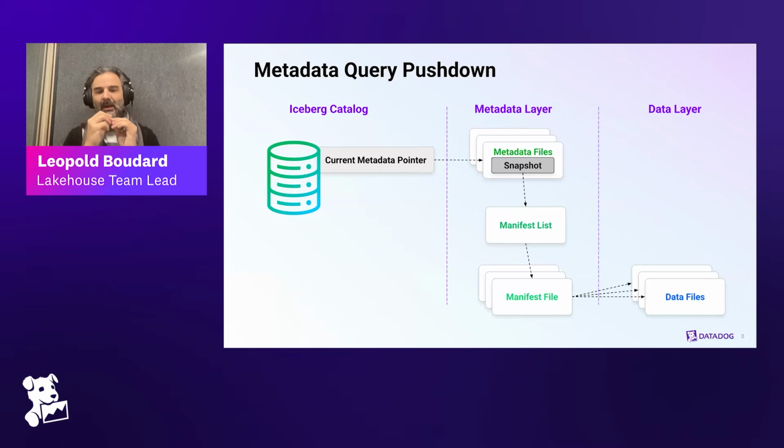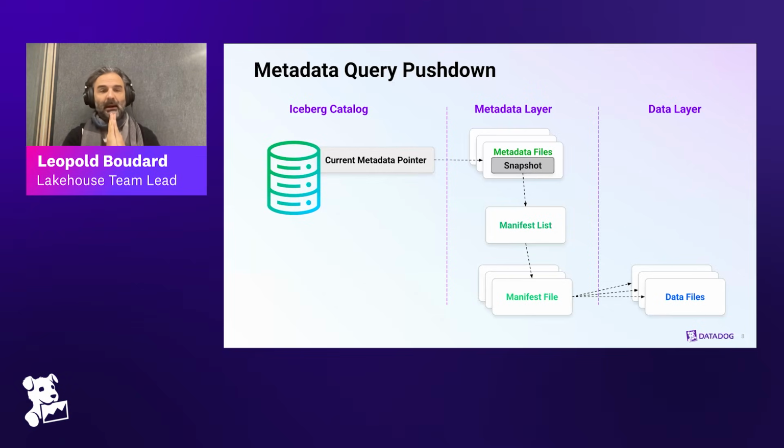And a snapshot is really defined by a single manifest list file, which has a list of manifest files along with their related partitions. And each manifest will simply be entries of data files along with their statistics, such as row count, partition values, and column values.